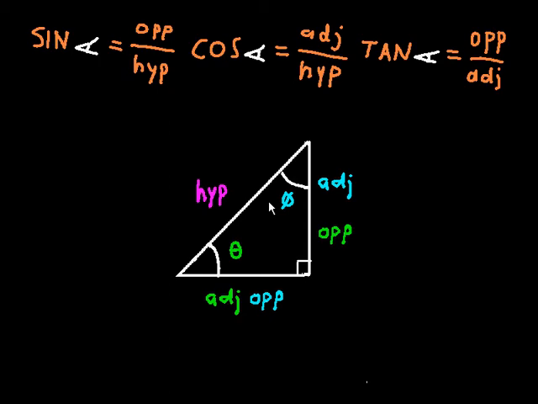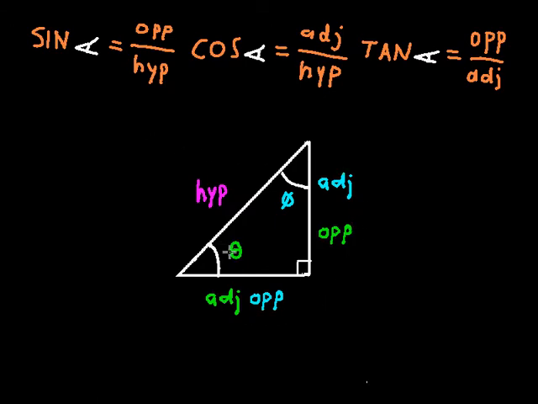Okay, so last time we went through some definitions, and we had the mnemonic S-O-H, C-A-H, and T-O-A, and that's how we got to remember our equations. You don't need to know where they come from, but you do need to know how to use a couple of them.